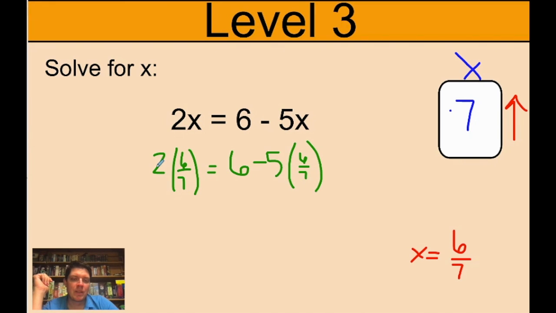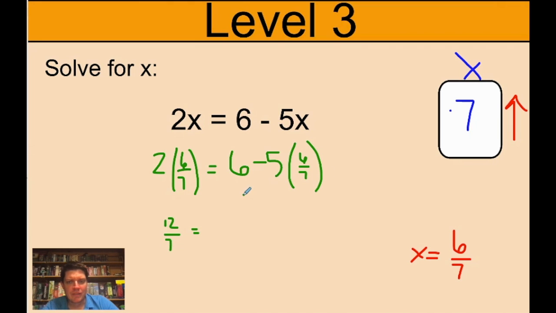So if I was typing this, I would type 2 times parentheses 6 divided by 7 parentheses and push enter, it'll give you a decimal. Push math, enter, enter to turn it into a fraction, and you should get 12/7 on this side.